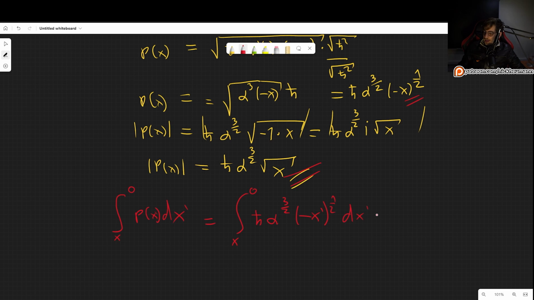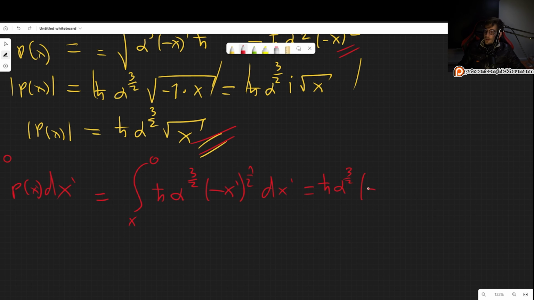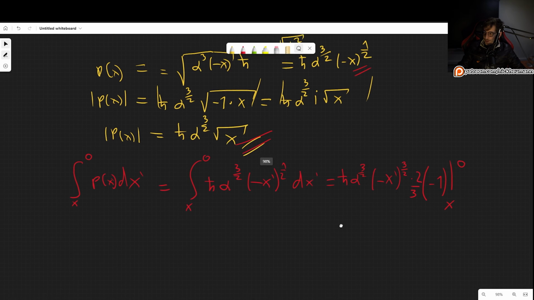Okay, and well, let's integrate this. This is relatively simple. So h bar alpha to the 3/2, and what we have now with the integral itself, we get minus x prime to the 3/2 times 2/3, and because of the chain rule, we get minus 1. And of course, this is evaluated between x and 0.